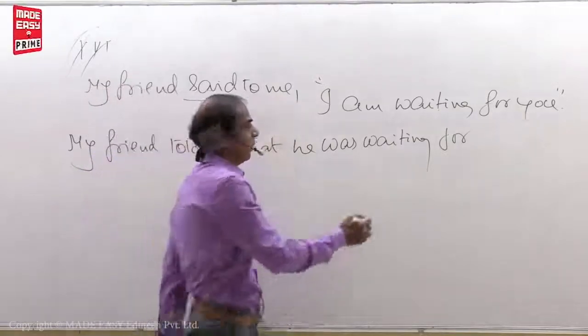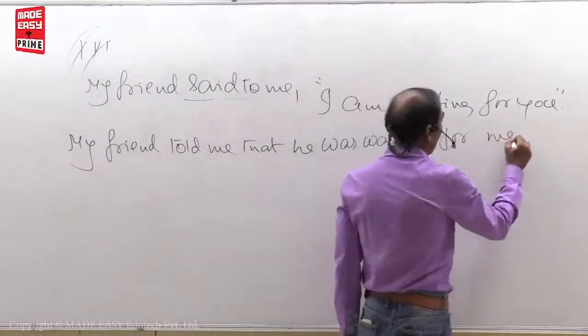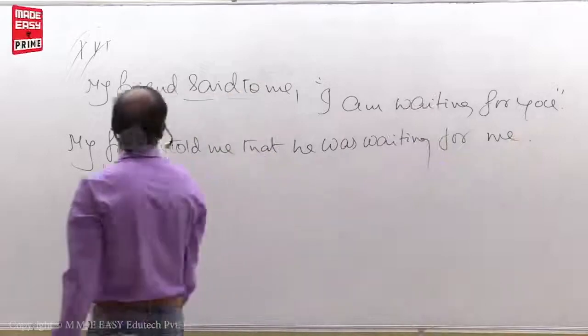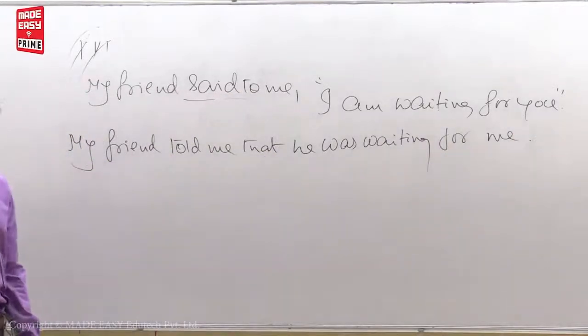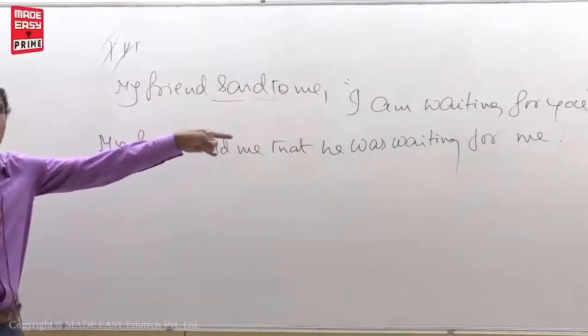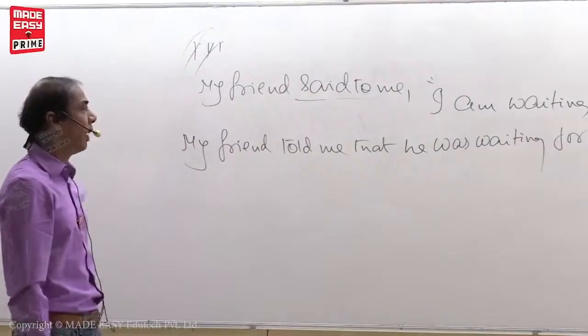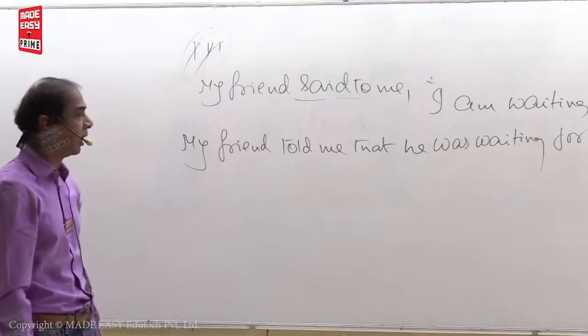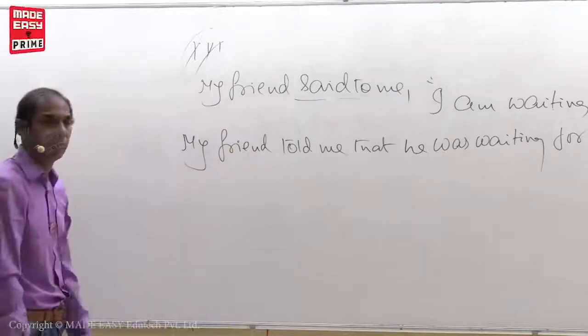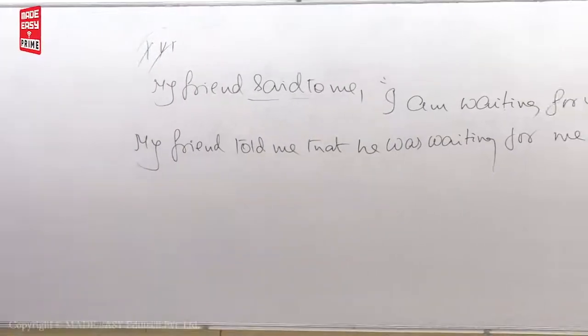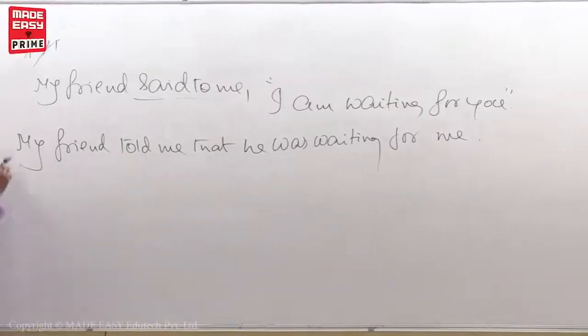That is all, that he was waiting for me. That's it. My friend said to me, I'm waiting for you. My friend told me that he was waiting for me. That's it.